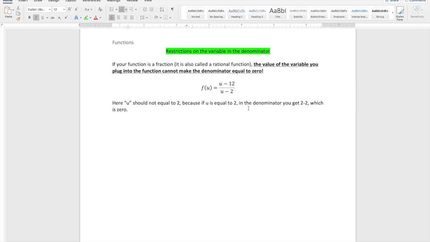What it's asking you is simply what value of u would turn this denominator into a 0. What minus 2 is a 0? Well, 2 minus 2 is a 0, which means u should never be a 2, or the value of 2 should be excluded from the domain of this function.